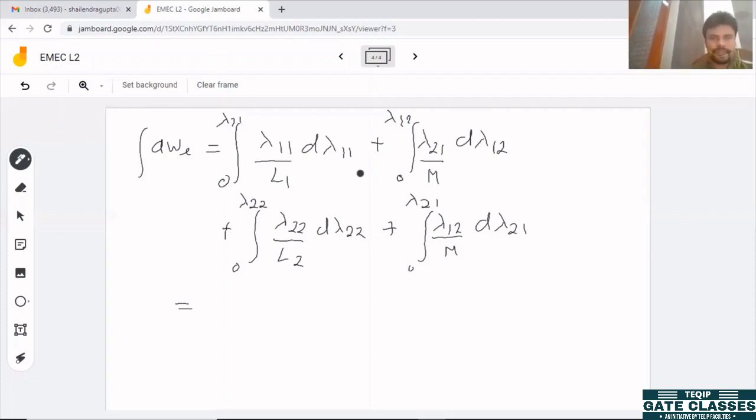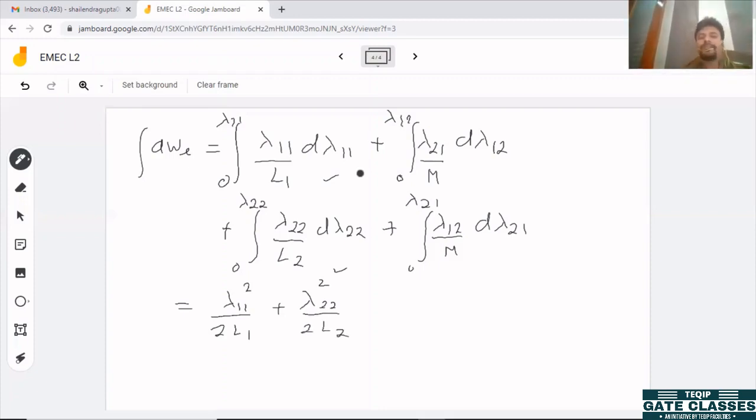Now the first and third expressions can be simply written as lambda 11 whole square upon 2L1 plus lambda 22 whole square upon 2L2. The second and fourth terms can be combined, as 1 by M can be taken as constant.